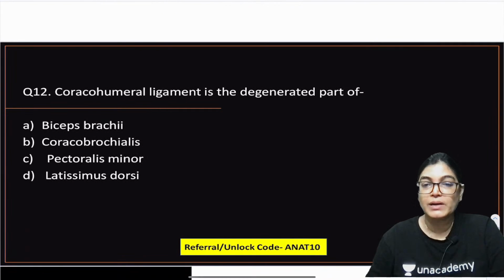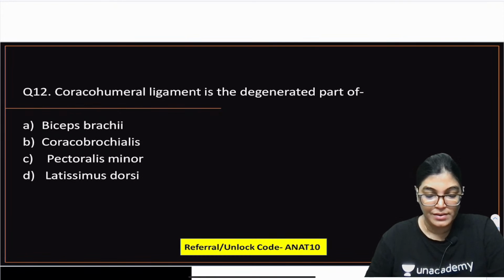Now, coracohumeral ligament is the degenerated tendon of which of the following? Whether it is biceps brachii, coracobrachialis, pectoralis minor or latissimus dorsi. According to you, which is the correct answer?